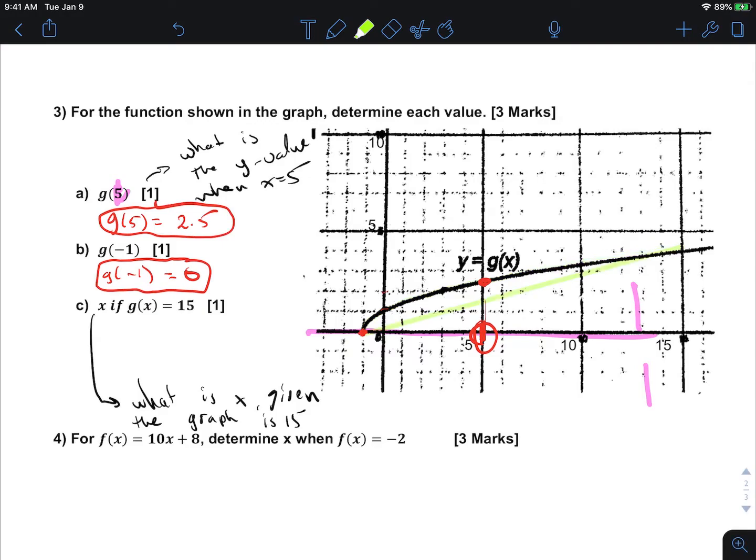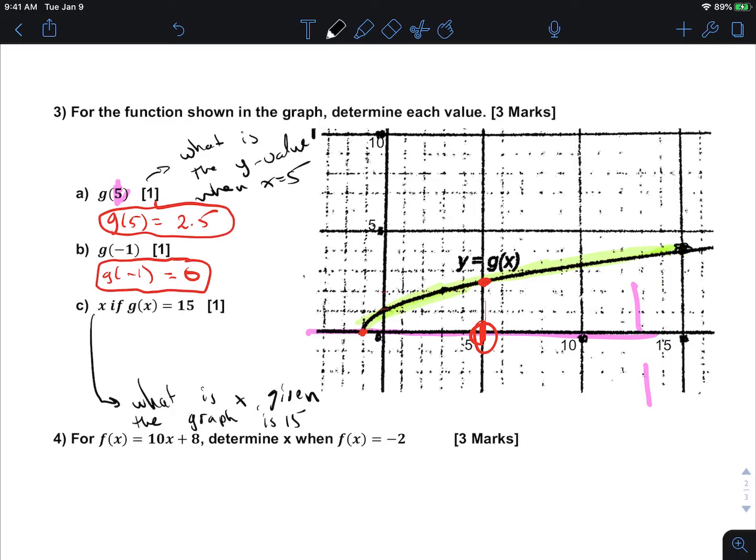I'm going to walk along here until I find the value of 15. When I get there, I'm going to look down. Or sorry.